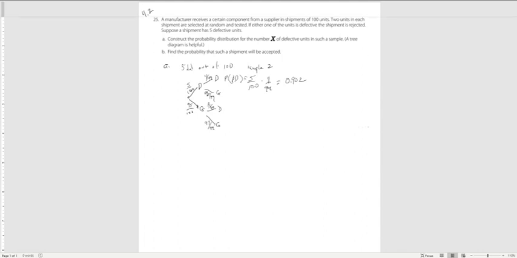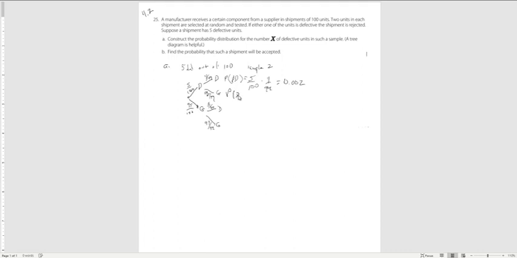What am I doing? So let's erase that one. So the probability of 2 defectives, that's what I have listed here. So defective and defective, that's going to be 0.002.